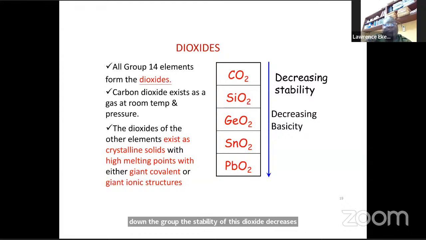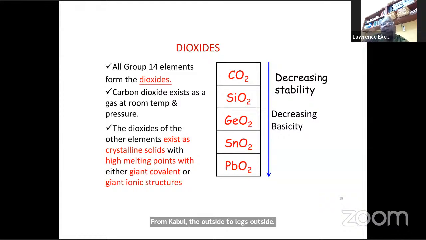Even the basicity is also decreasing down the group. As the stability is decreasing, the basicity is also decreasing from carbon dioxide to lead oxide.